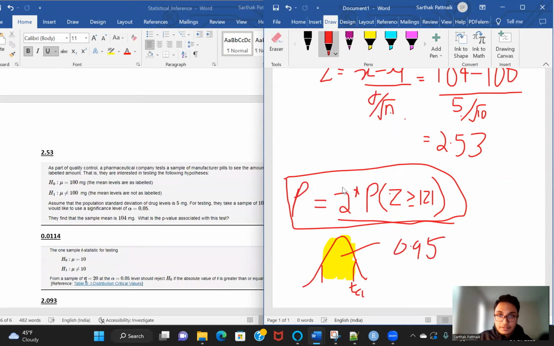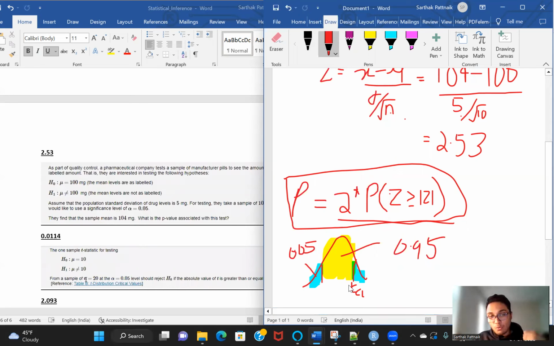And these two areas will be equal, because of the symmetric property. This is 0.05. So to the left of the critical value, the area is not 0.95, it's 0.975.